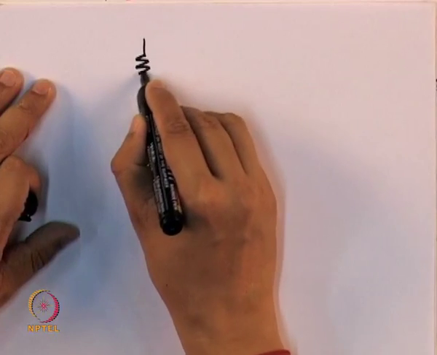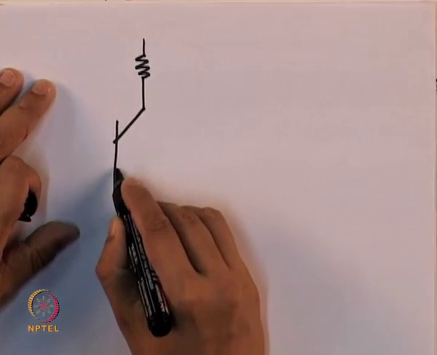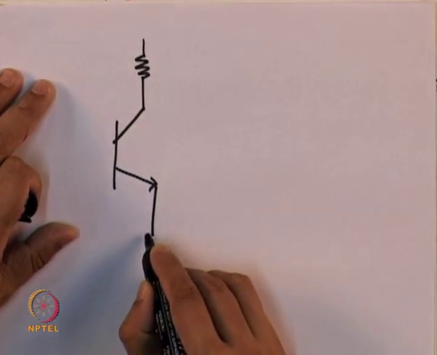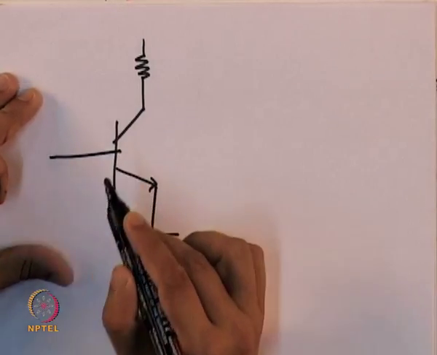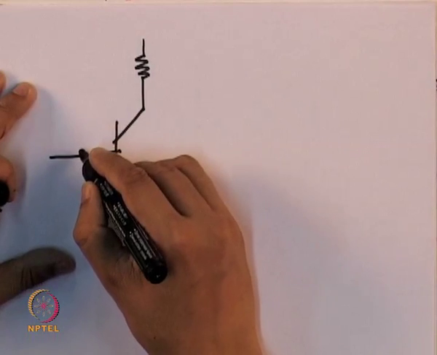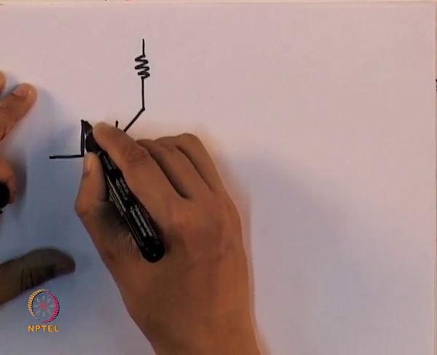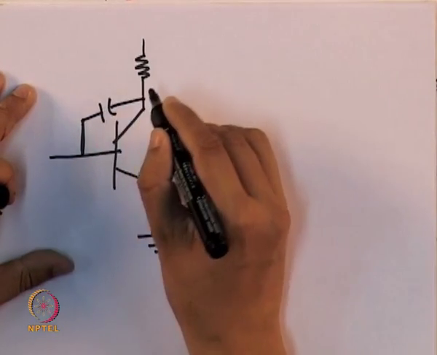So first of all, let us consider a BJT with a feedback capacitor connected between the base and collector. For now we have not gone into the details of BJT, but just understand that it is a 3-terminal device as opposed to a 2-terminal device like a resistance or capacitance or inductance.